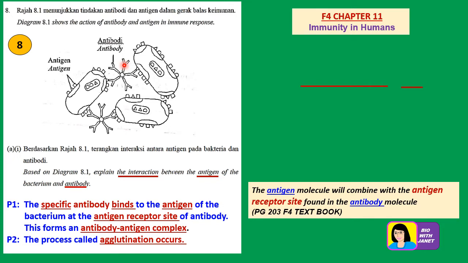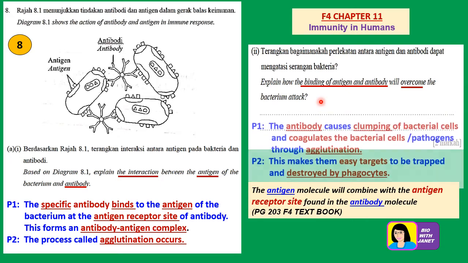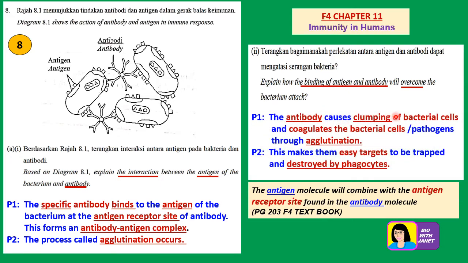Next question, explain how the binding of the antigen and antibody will overcome the bacterium attack. Meaning to say, after this binding process occurs, what happens next? All right, to destroy the bacteria. Okay, so the antibody causes clumping of the bacterial cells. When it binds to the antigen, the antibody will cause all the bacterial cells to clump together.